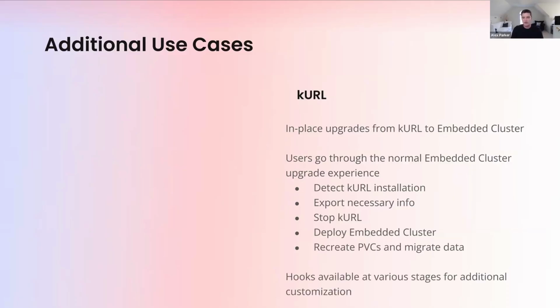And then there will also be hooks available at various stages for people to customize that upgrade process as necessary. So the goal here is for this to really feel like an upgrade and not like a significant migration. All of this is going to be automated so that your customers will be able to just run an upgrade and get onto this newest version of embedded cluster and get to experience all of the benefits there.